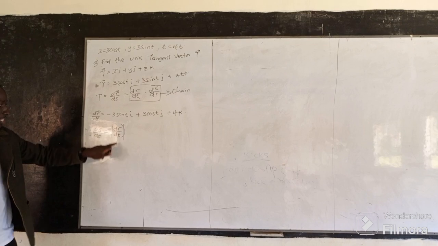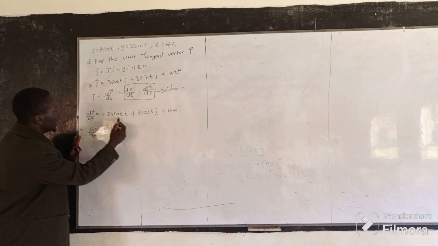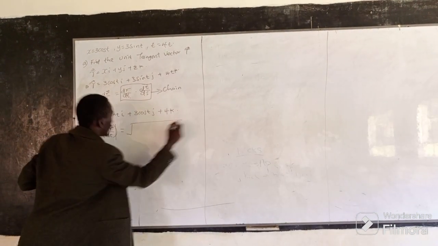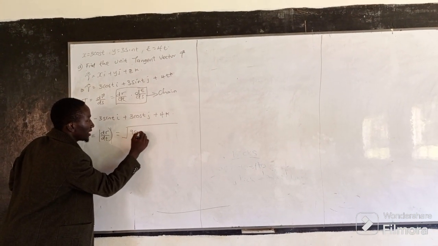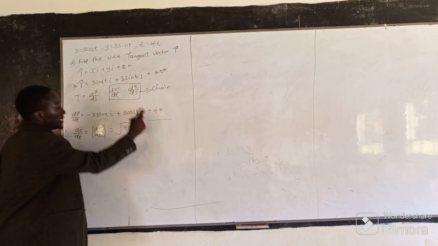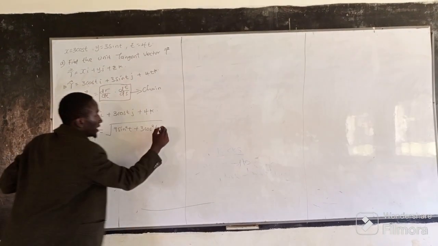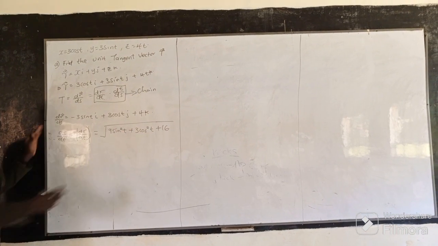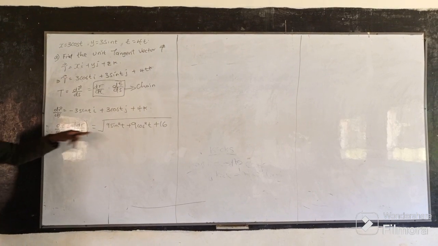If I find the magnitude, I'll have the square root of negative 3 sin t squared, I'll have 9 sin squared t, plus 3 cos t squared, I'll have plus 9 cos squared t, then plus 16. Not 3 here, it is 9. That is my value of the modulus of dr over dt.